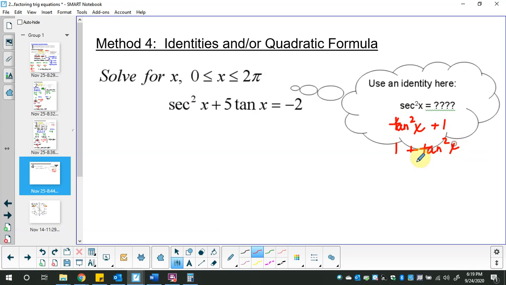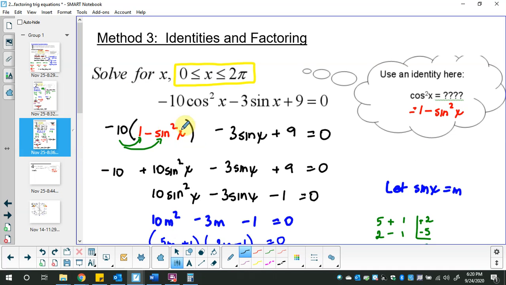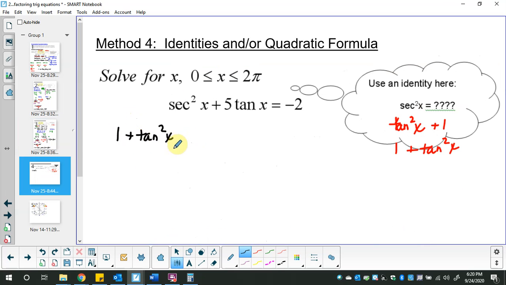Whichever version you have, it's the same deal. I'm going to use this one, just for fun. So 1 plus tan squared x replaces the secant squared x. Unlike the last question, where I needed to insert it into a bracket because there was a number out front, this one has no number out front, so I don't need the bracket.